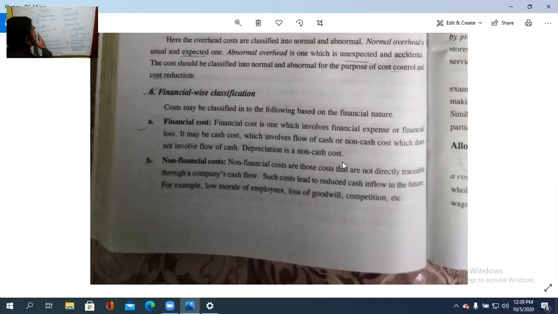Then the last one is financial wise classification. Under that, financial cost and non-financial cost, where financial cost is the one which involves financial expenses or financial loss.